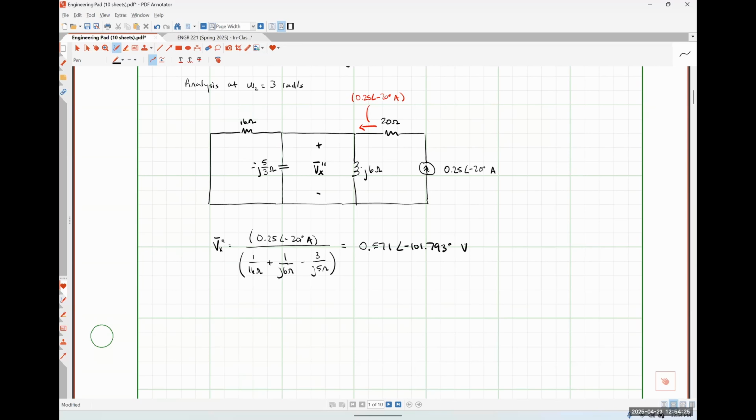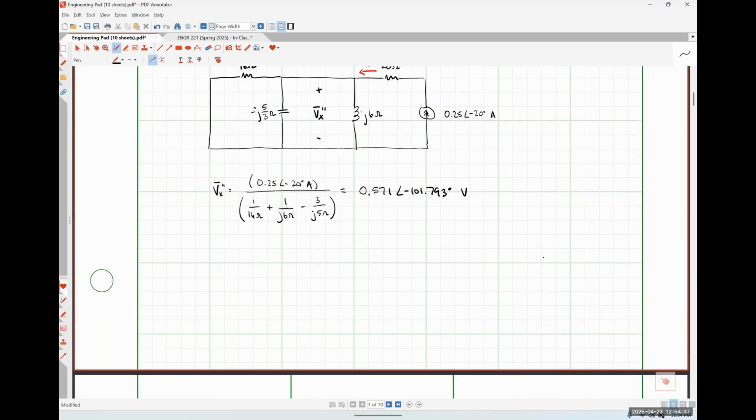If I wanted to make this positive, I need to move the J to the numerator. So what he's suggesting is effectively saying that I have -3/J5. If I multiply this by J/J, that's going to wind up giving me +3 times J/5. I could have put that there as well if I wanted to.